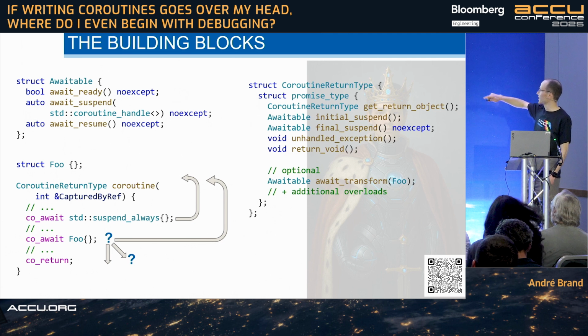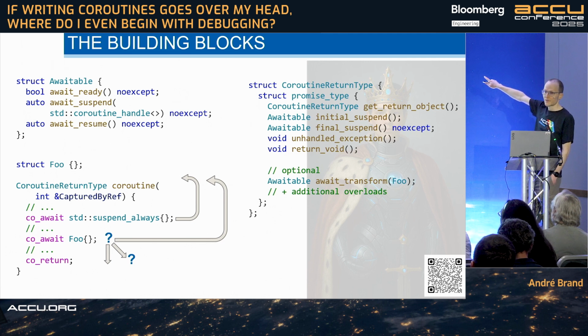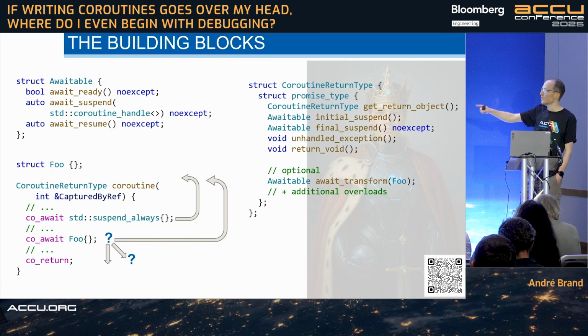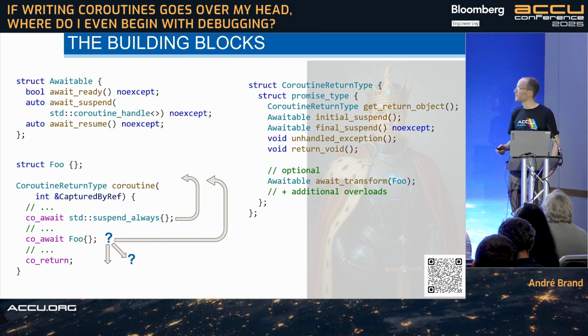And one interesting thing is I can do await transform equals delete, so delete it explicitly, which gives you the result that you can't await on any other type inside your coroutine. So, for example, the standard generator does that. So, if you write co_await inside a standard generator, it will simply give you a compiler error.